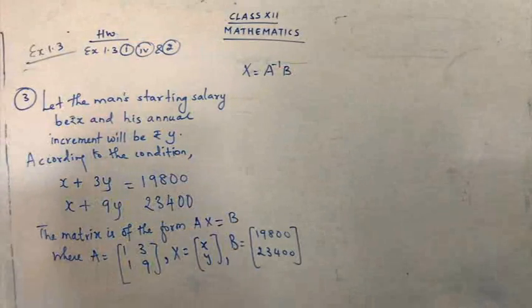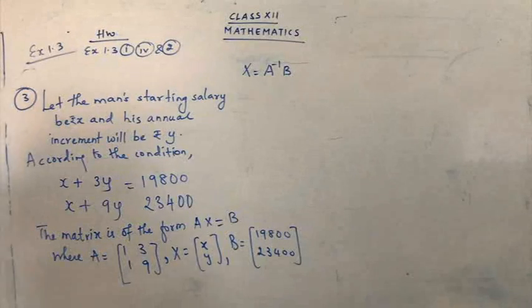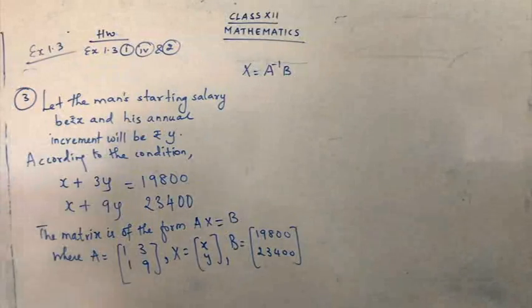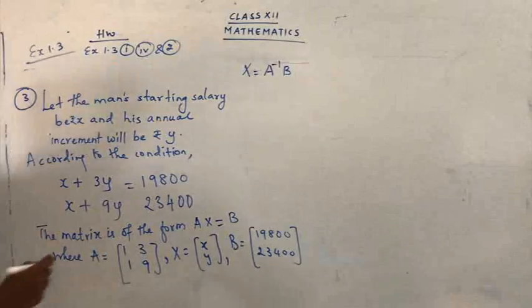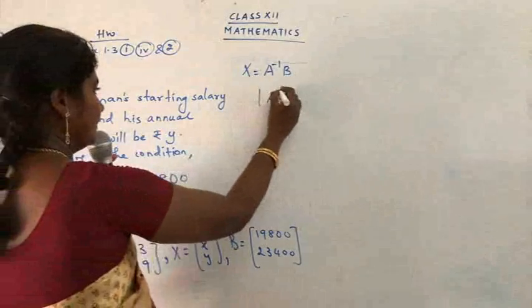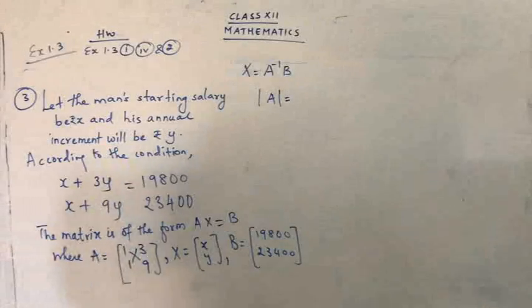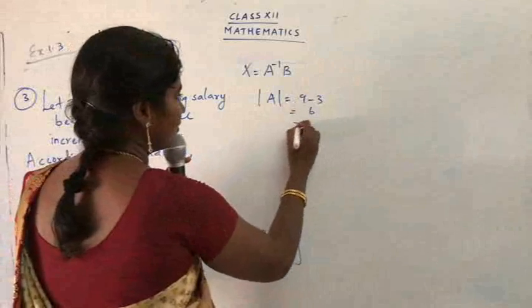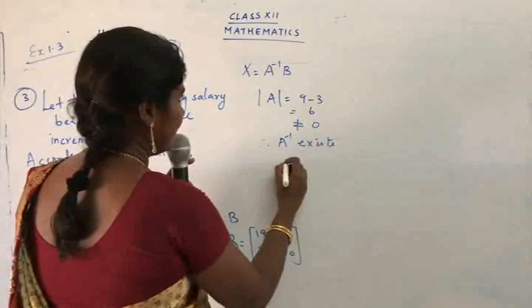So when it's a 2 by 2 matrix, we can directly use the shortcut method, 1 upon AD minus BC, then interchange A and D, then change the sign of B and C. So before we go to the step, let's find the value for determinant A. So what's determinant A, children? It's cross multiply. So 9 minus 3. It's 6. Is it 0? No, it's not equal to 0. Therefore, A inverse exists.